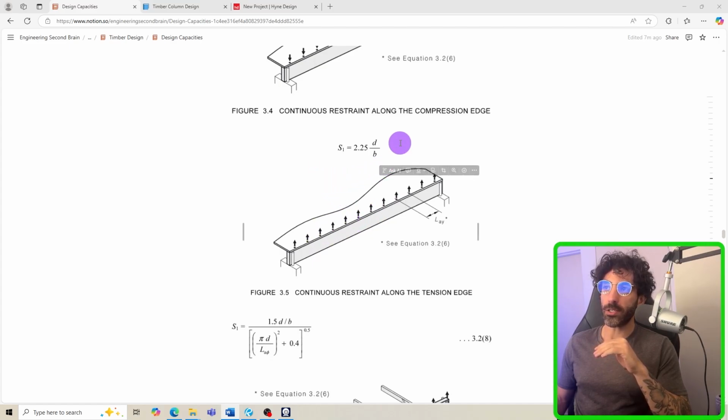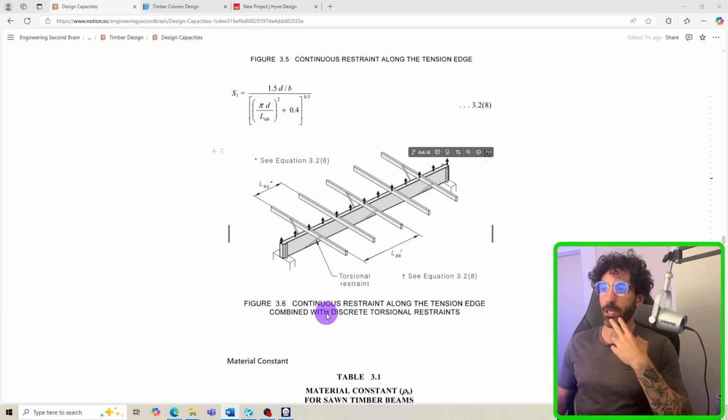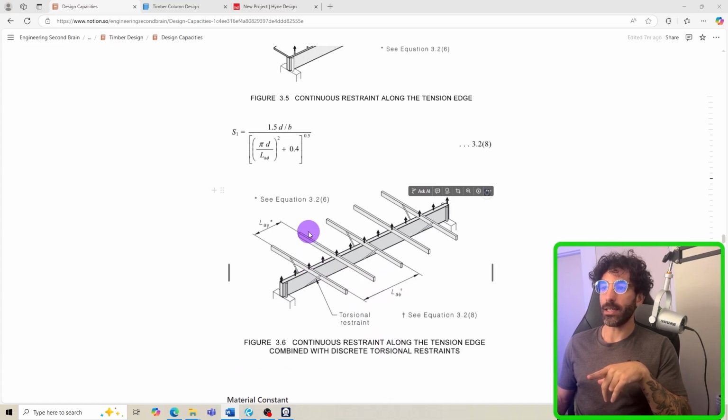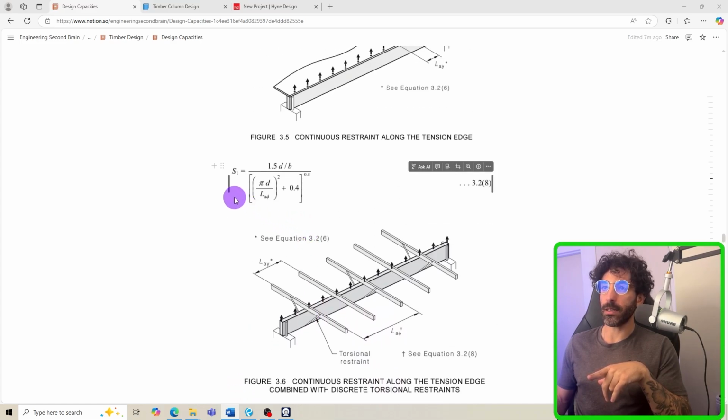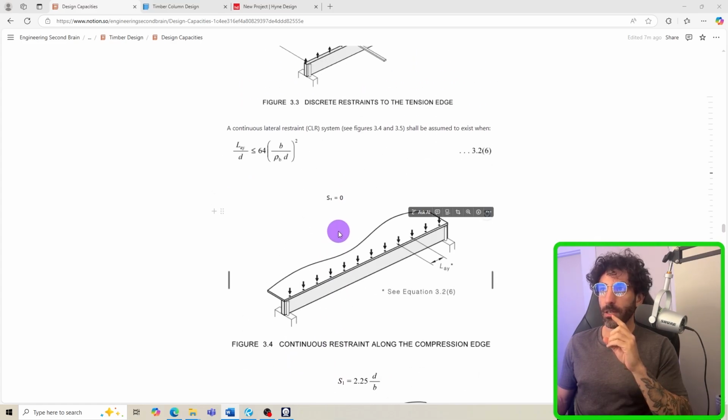So you can use this formula to find the slenderness coefficient. And then we've got this last case, which is a continuous restraint along the tension edge combined with a discrete torsional restraint, and then you can find S1 using this equation.